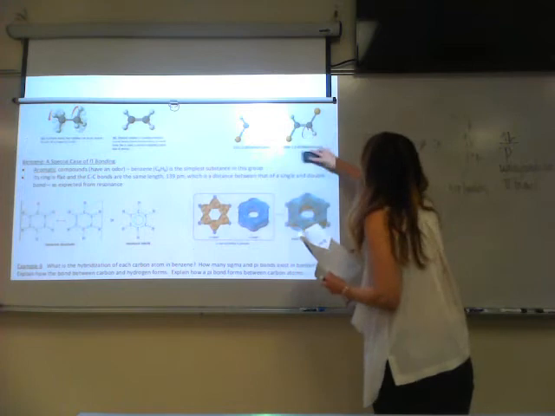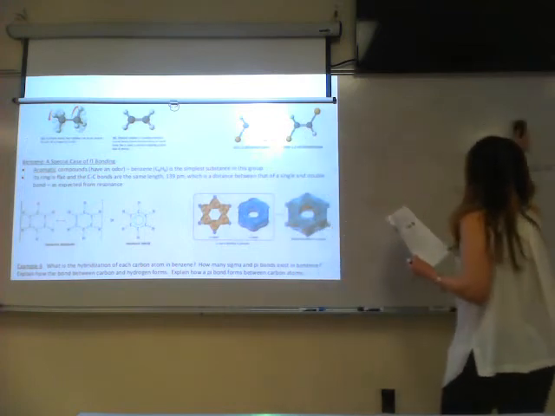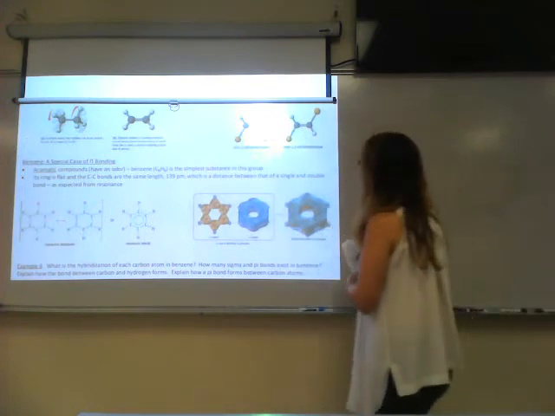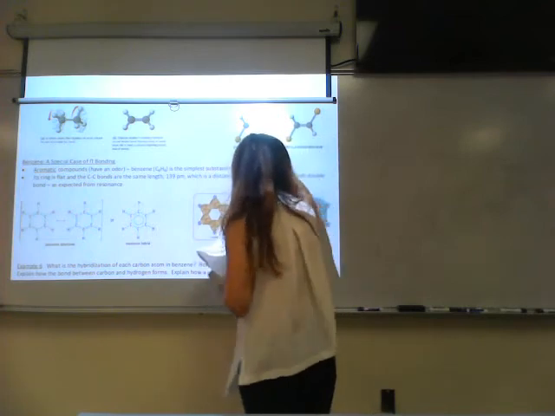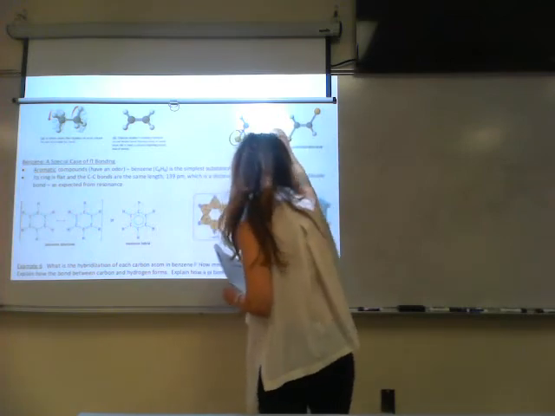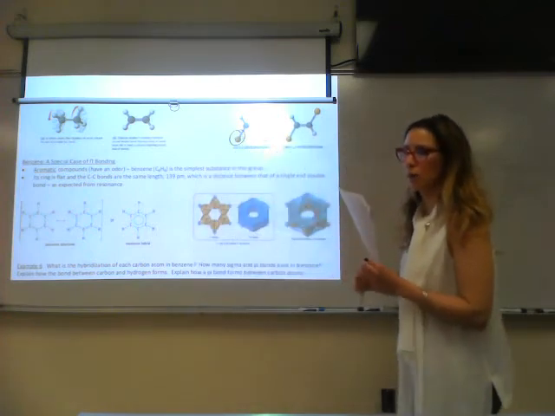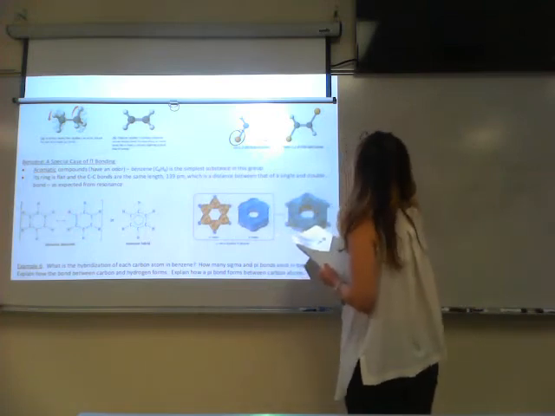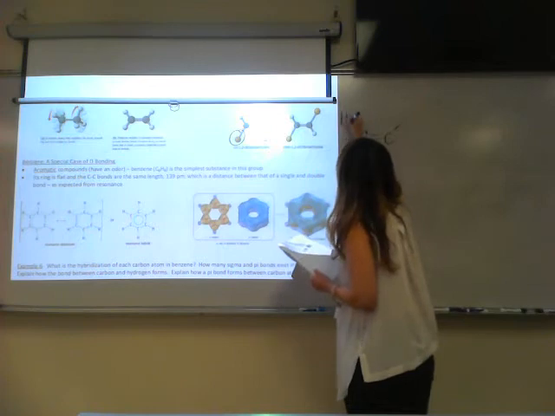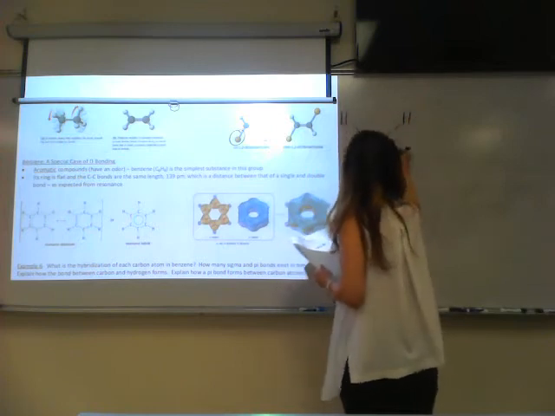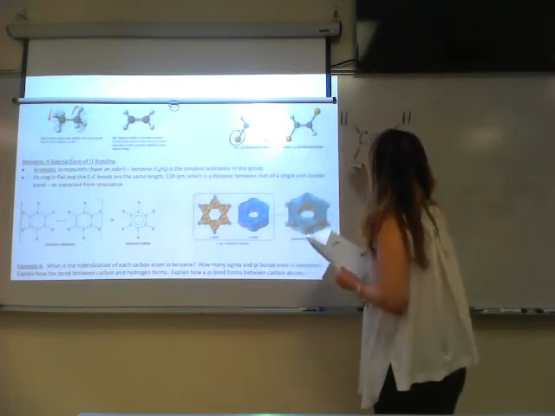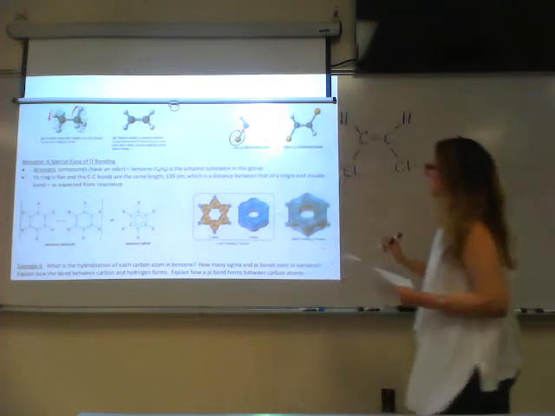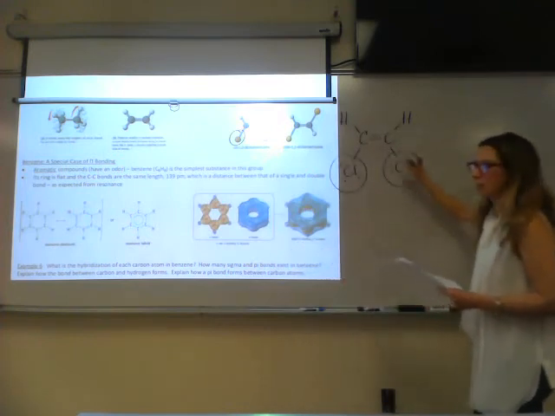So if we're looking at the structure, these 2 chlorines are on the same side of the double bond. If you have a hard time visualizing it, here's what it really looks like. Same side, cis.